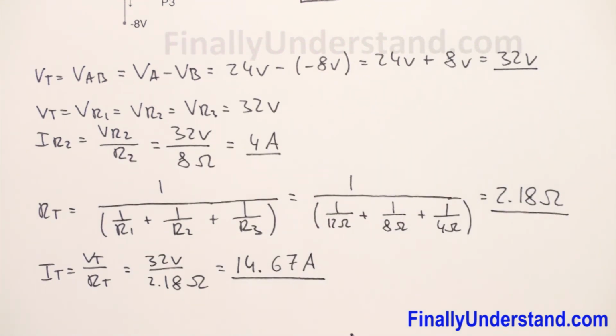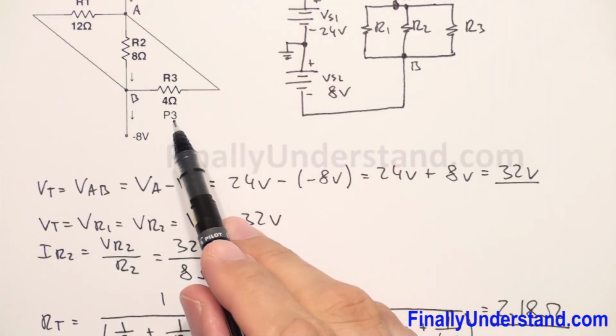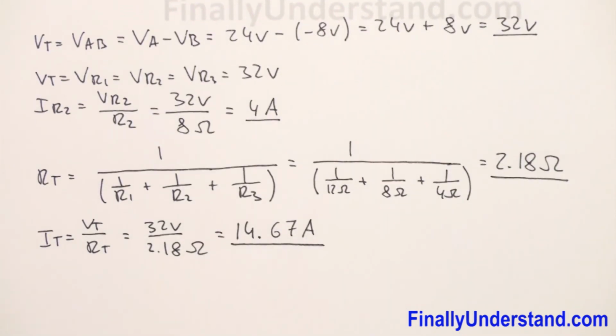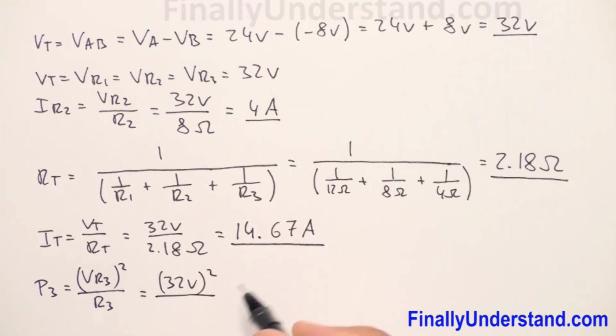Next, I'm supposed to find the power at resistor R3. So P3 is equal to VR3 to the second power over R3. This is equal to 32 volts to the second power over 4 ohms.